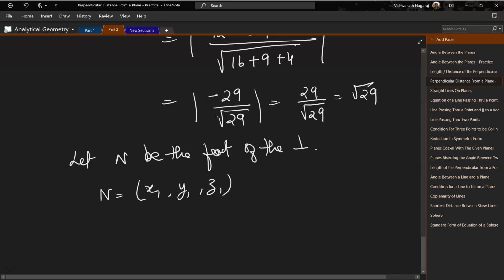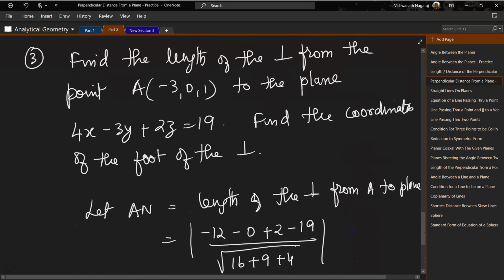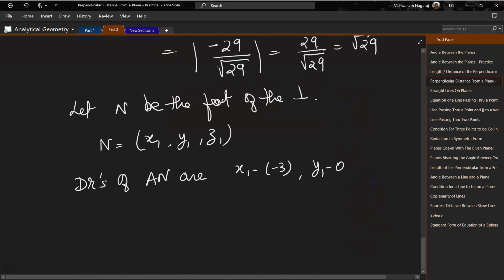It is normal to the plane. So direction ratios of AN are going to be x1 minus 3, y1 minus 0, z1 minus 1. That is A.